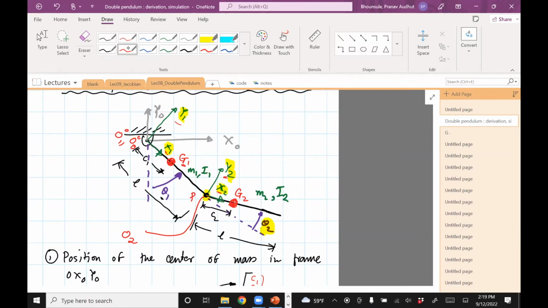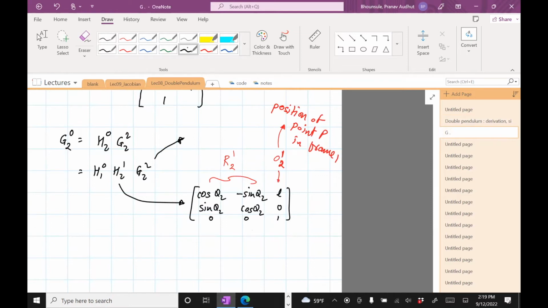So it's going to have C2 for x, 0 for y, because it's 0 distance from the y2 axis, and then the last one will be 1. So we have C2, 0, 1.